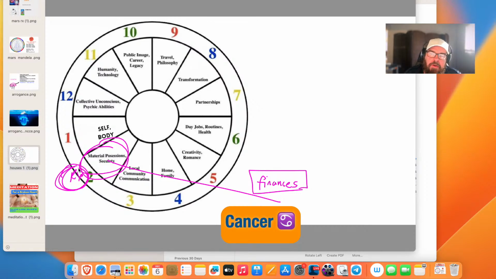And then Mars retrograde comes into town and it deflates your confidence. And then you get to see what's underneath that Cancer, sun, moon, or rising, which is self-worth issues. Oh my God, my self-worth has been so conflated with my finances. My net worth and my self-worth, right, are combined here. So you get to look at this.